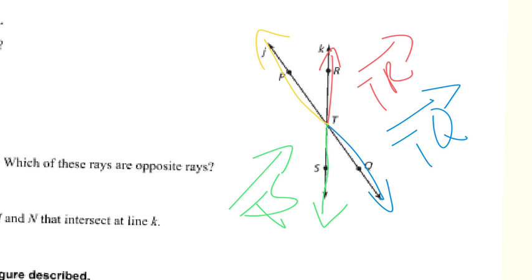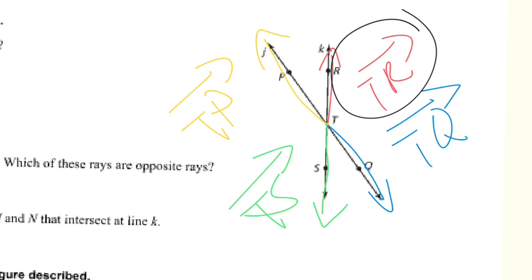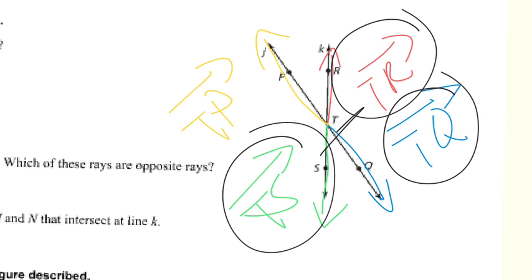And we have TP. And we talk about which ones are opposite rays. Well, clearly the red and green rays start at the same point, go in opposite directions, and they are opposite rays. And the blue ray and the yellow ray also start at the same point, T, and go in opposite directions. So they are opposite rays.